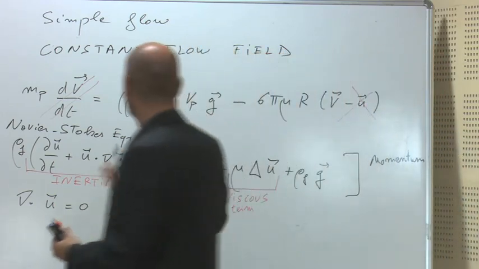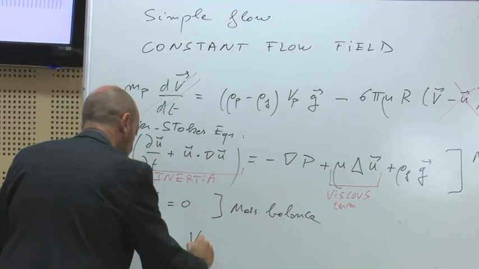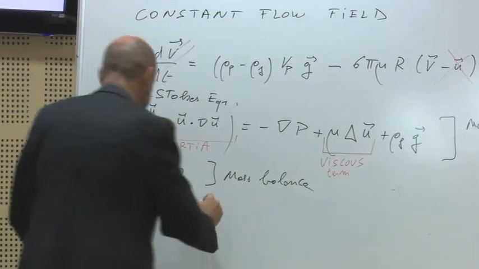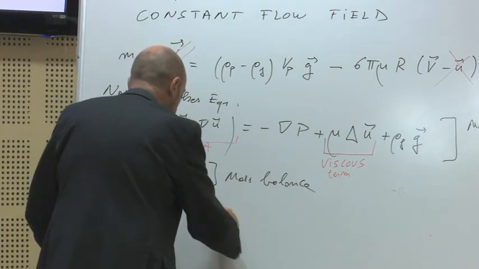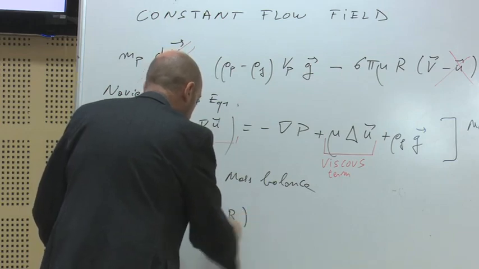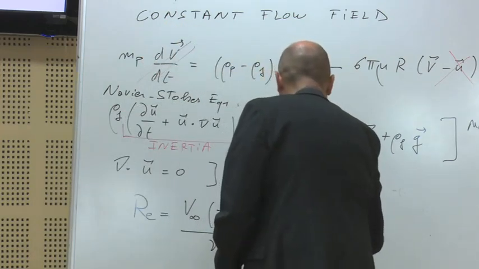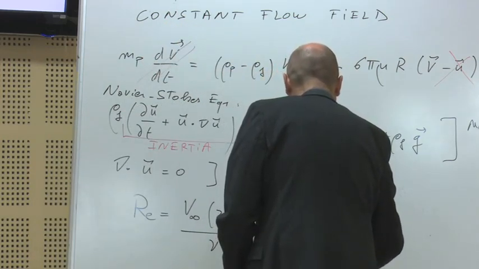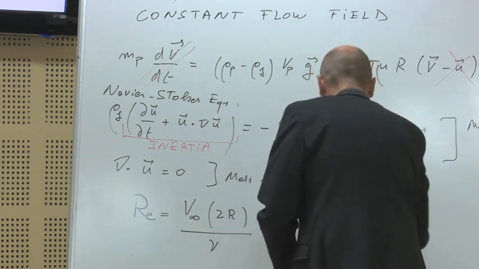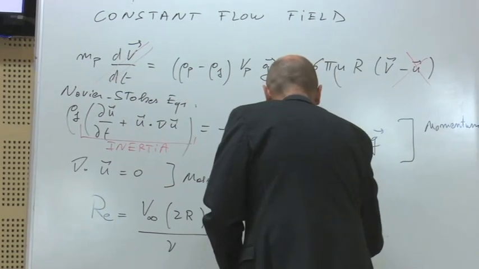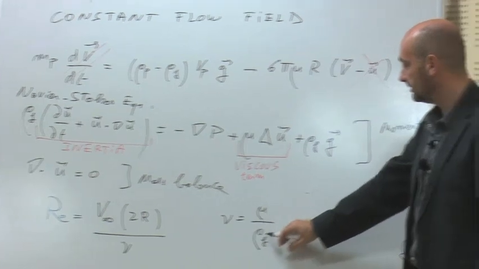So the Reynolds number for the settling particle is v infinite multiplied by its size, for example 2r, over the viscosity nu, where nu is mu, the dynamic viscosity, divided by the density.